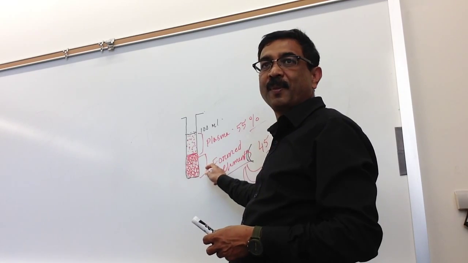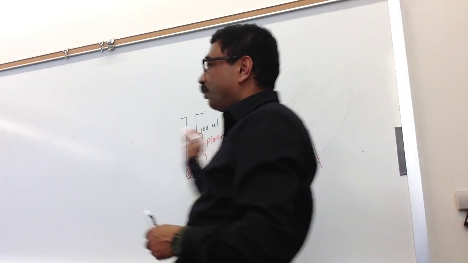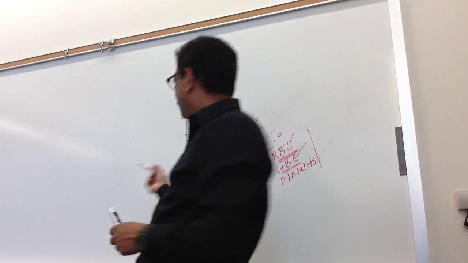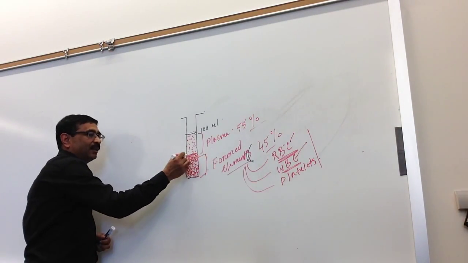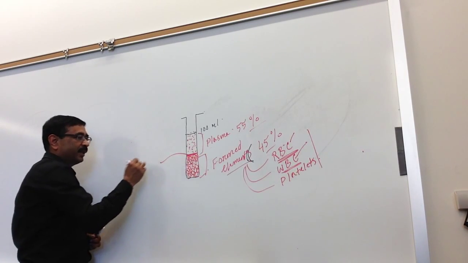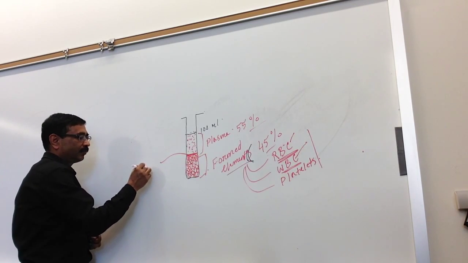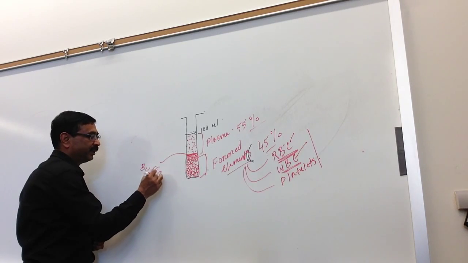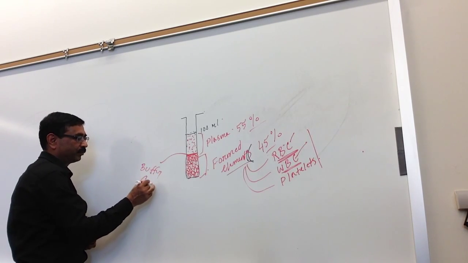Is it clear? Okay. So when you centrifuge, you will see that a thin white coat is formed here. That is called Buffy coat.